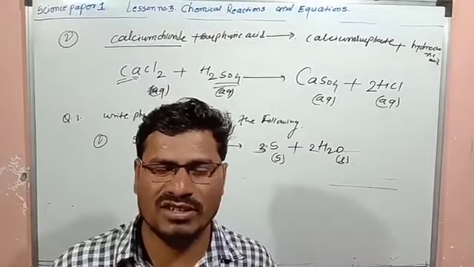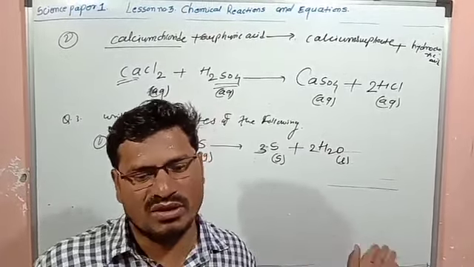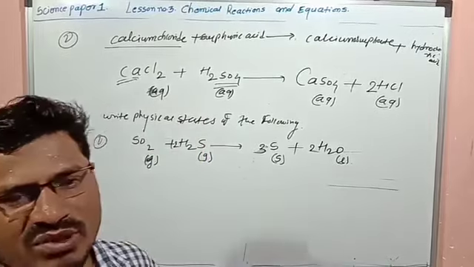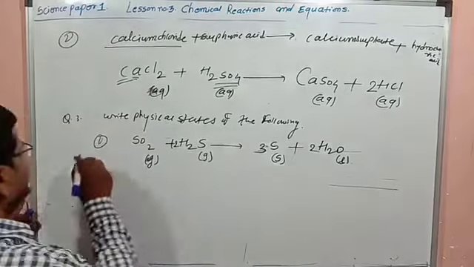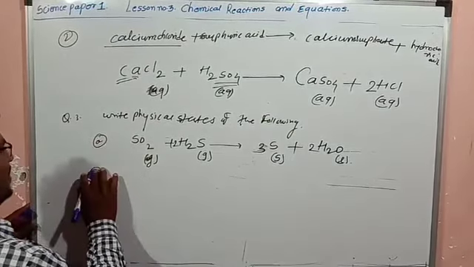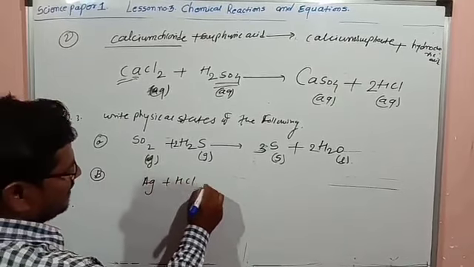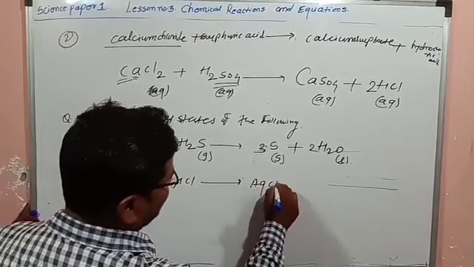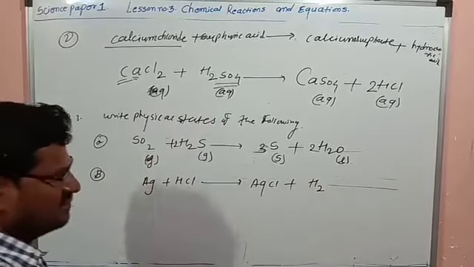In the textbook, the balanced chemical equation is not given, you just have to write the states, but you can balance it. So the next example is Ag plus HCl. Silver plus HCl gives AgCl plus H2 gas.